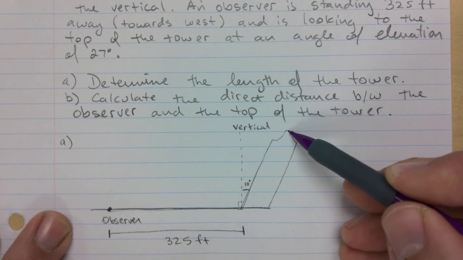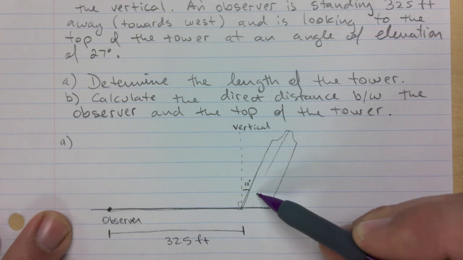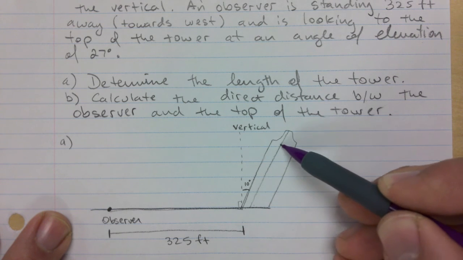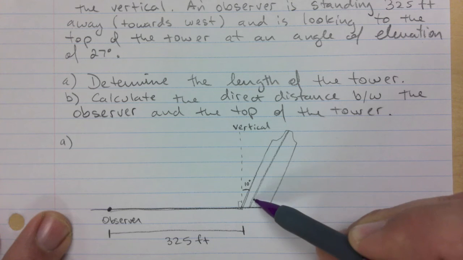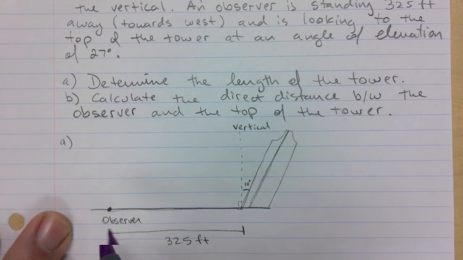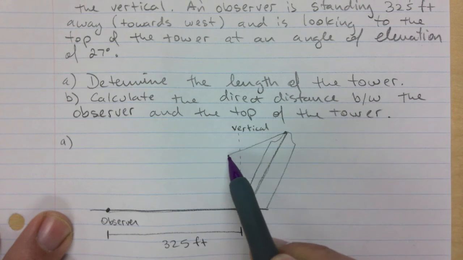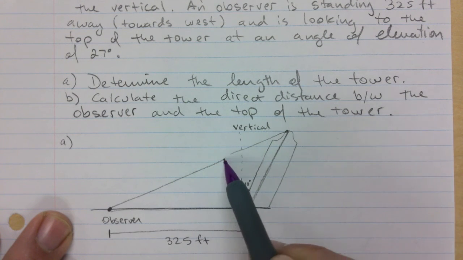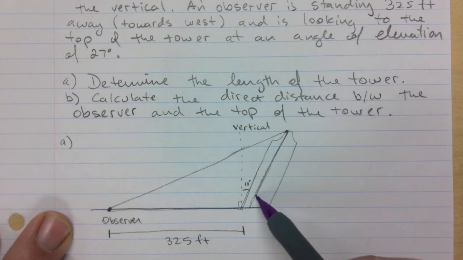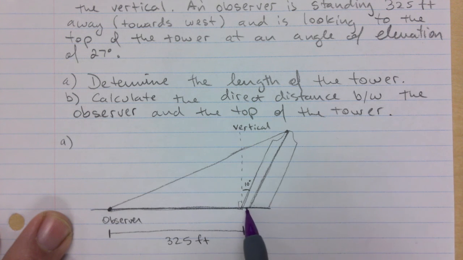So I'm gonna make that line of the tower along the center, or as much as possible. And then there's one which is the line of sight to the top of the building. So here you have your triangle that came out of this question.